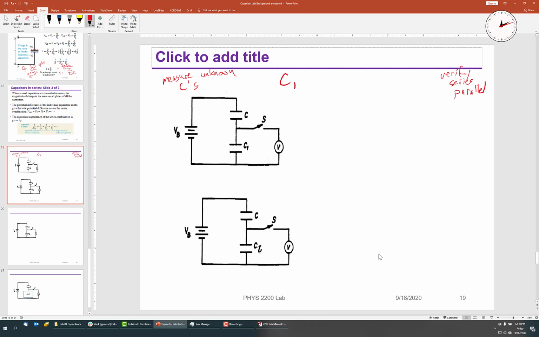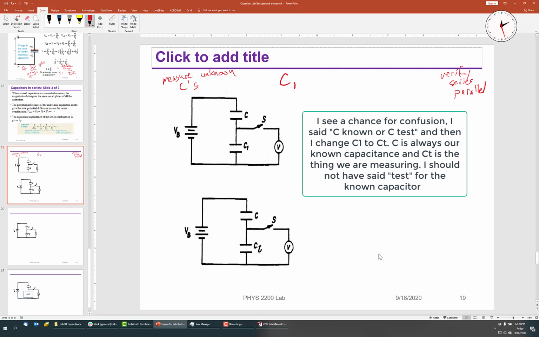We're going to measure the total capacitance of the series and parallel. We have a known test capacitor, and we were given C1 and C2, and then we're going to have C1 parallel with C2, and then C1 series C2. So at the end of the day, that's 4 different unknowns.